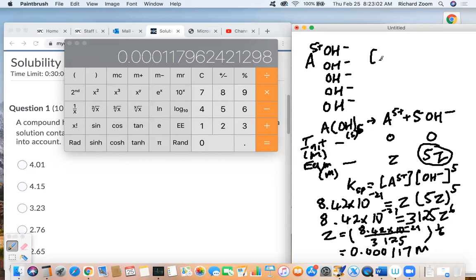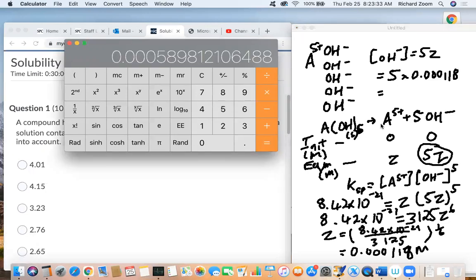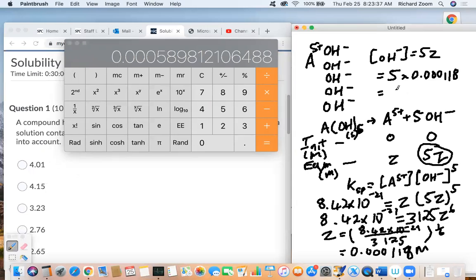This is a step that people often forget. 5Z is 5 times 0.000117, or 118, we'll say, which comes out to be 0.000589, or 590, we'll say.